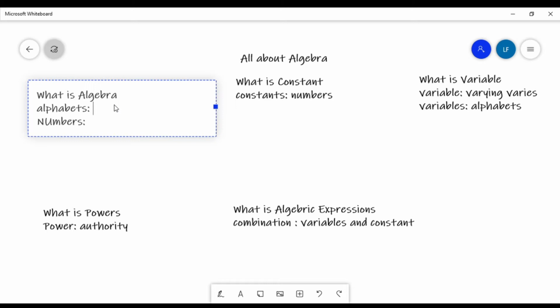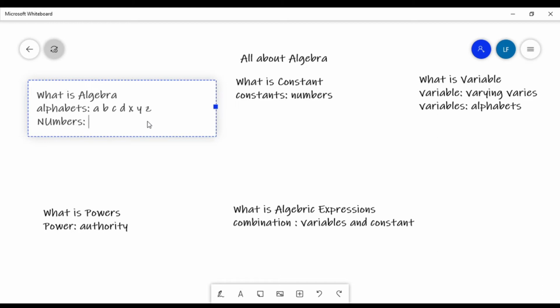Well, algebra consists of alphabets like A, B, C, D, or even X, Y, Z, and these are the alphabets. All 26 letters are part of algebra. And what else does it consist of?